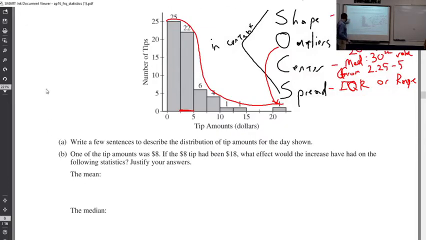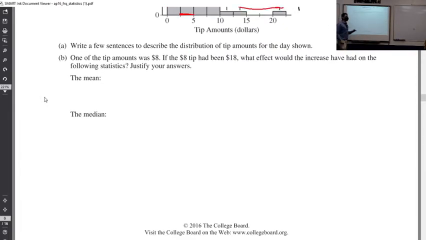Part B. Most people had the right idea on part B, but they just weren't as thorough in explaining it as they needed to be. So, the mean. The calculation for the mean is the total of all the values divided by how many there are.